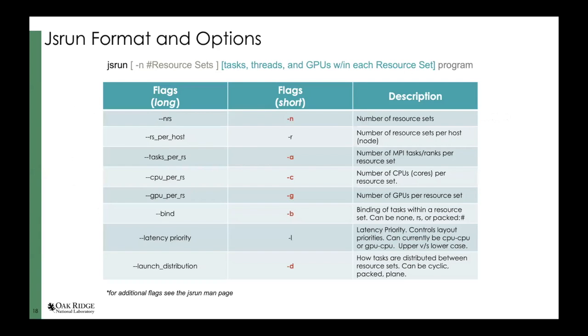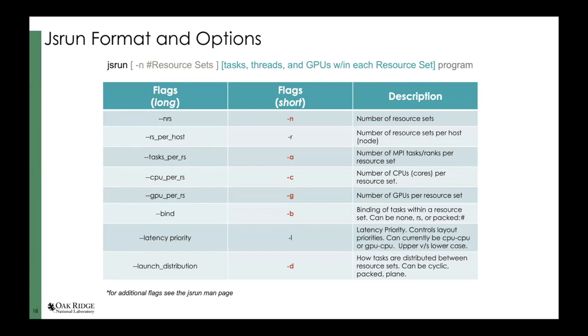Now, stepping into JS_run, this is a high level format of JS_run. The first line shows how all of the JS_run requests will look. Basically, you say JS_run, then you pass it the number of resource sets that you want, using -n.